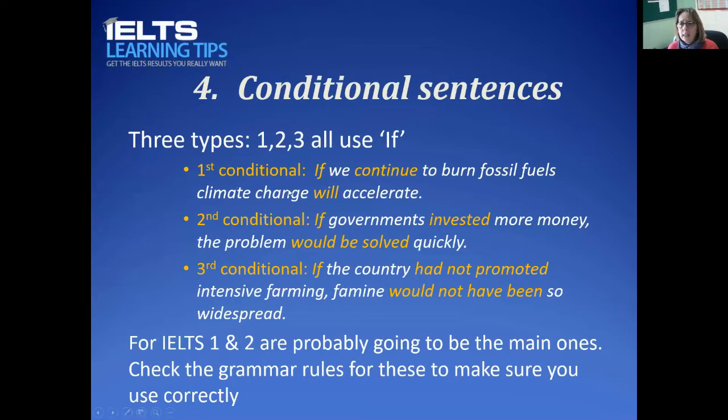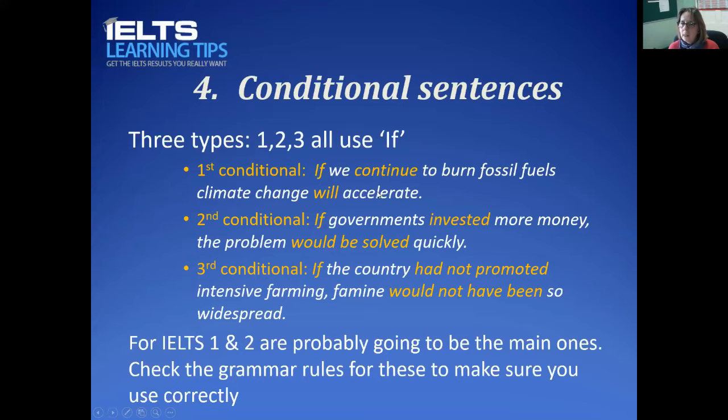So I've highlighted here the main things. So in this first conditional, which is usually about now and the future, we use present simple. So you can see we've got "continue" here in the if clause. So the bit that has the if is called the if clause. So we use present simple, and then in the second clause, we use will plus an infinitive.